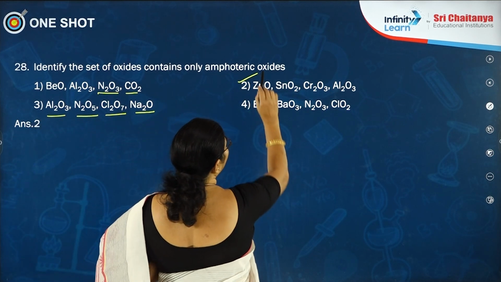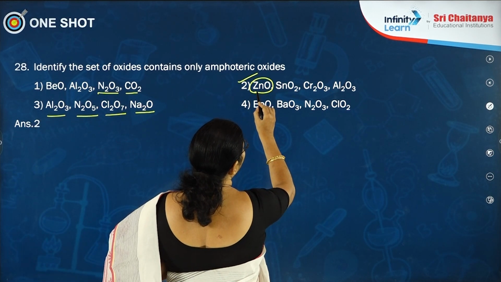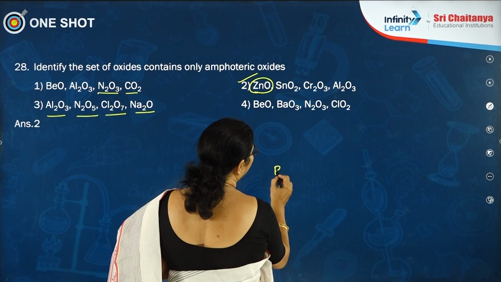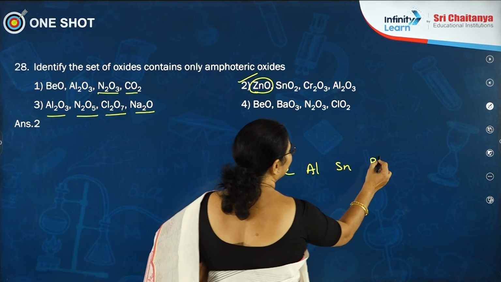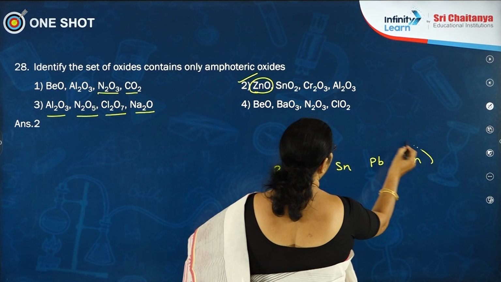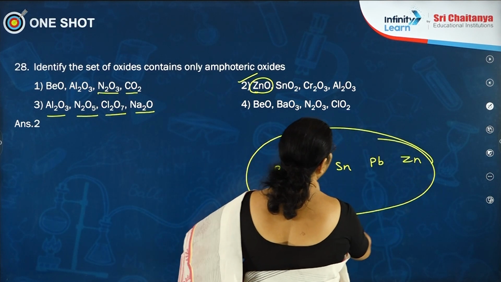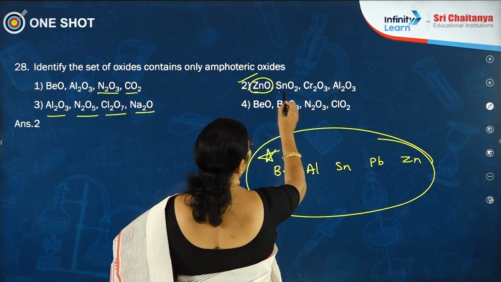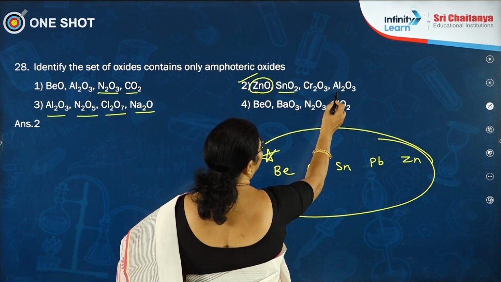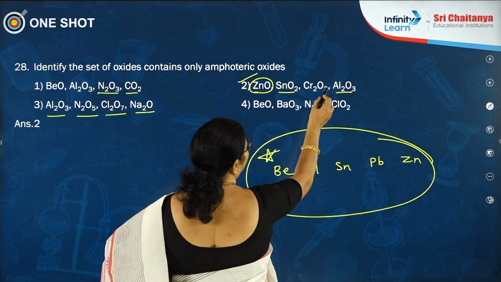You see the second option. Beryllium, aluminum, tin, lead, zinc, all these oxides are amphoteric in nature. Now SnO2, ZnO, Al2O3, all are from the list only.